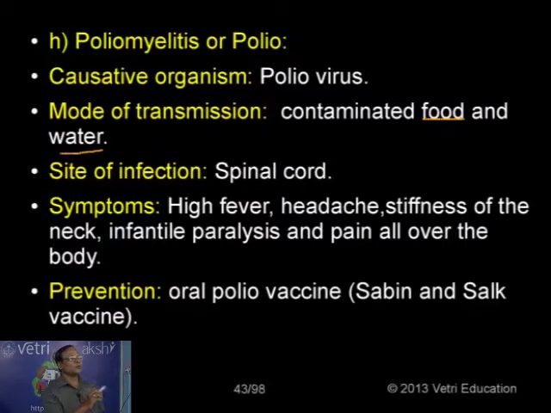And which part of the body is most affected? In the human body we have the nervous system, which consists of the central nervous system and the peripheral nervous system. The central nervous system is formed of the brain and spinal cord, and it is the spinal cord that controls the voluntary movements of skeletal muscles. So in polio, the person is unable to walk normally, with atrophy of the limbs and degeneration of the muscles, because the organ affected is the spinal cord.